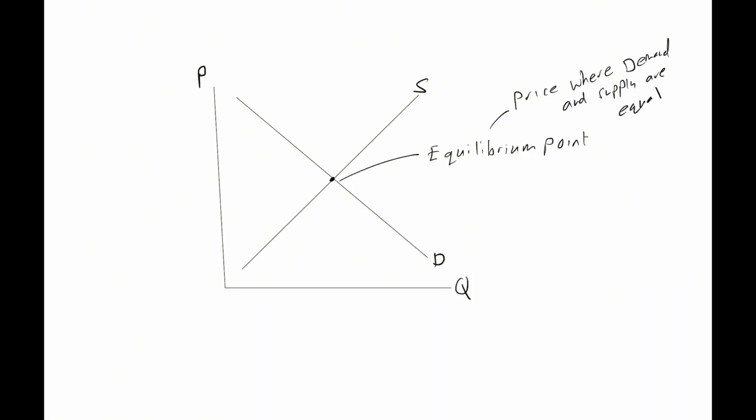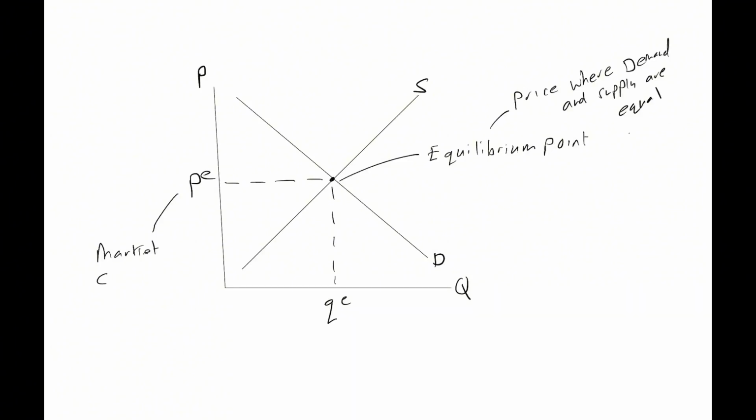Now, let's just draw the dotted line here, and we can label this PE for price equilibrium and QE for quantity equilibrium. The price equilibrium can also be known as the market clearing price.